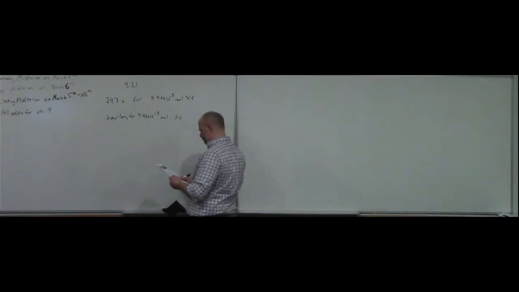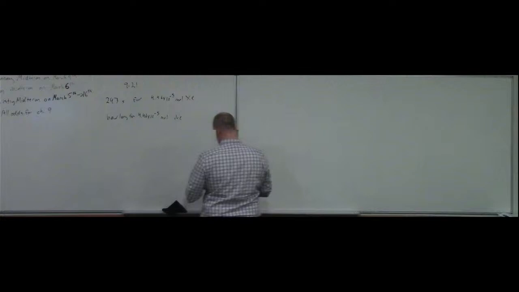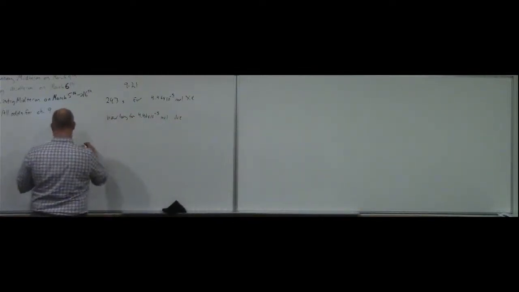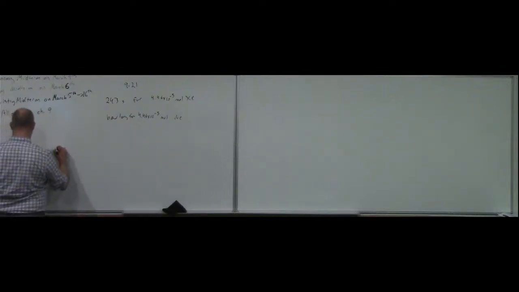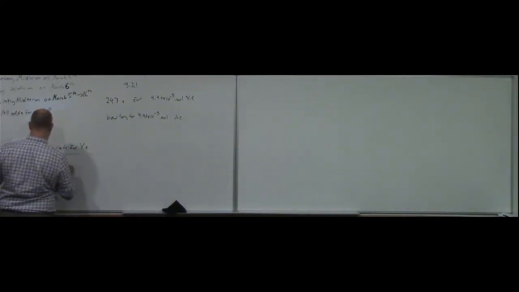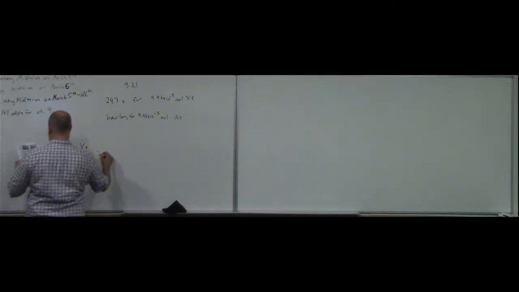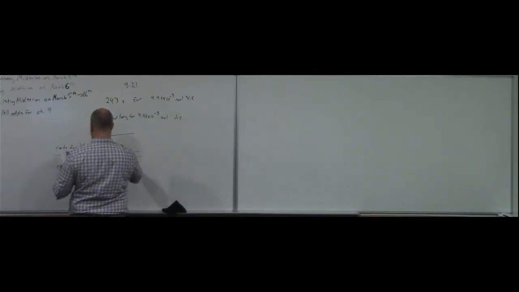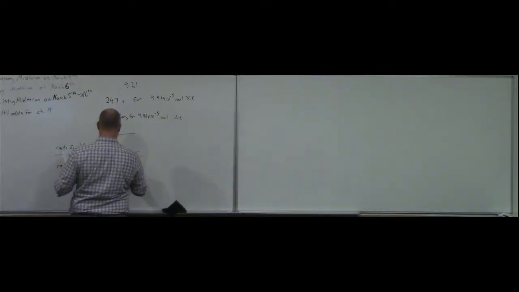Okay, so my head's not been in this for a minute. But we have Graham's law, right? So Graham's law says the rate of effusion for xenon over the rate for neon is equal to the inverse of the molar mass of neon over the molar mass of xenon, right?